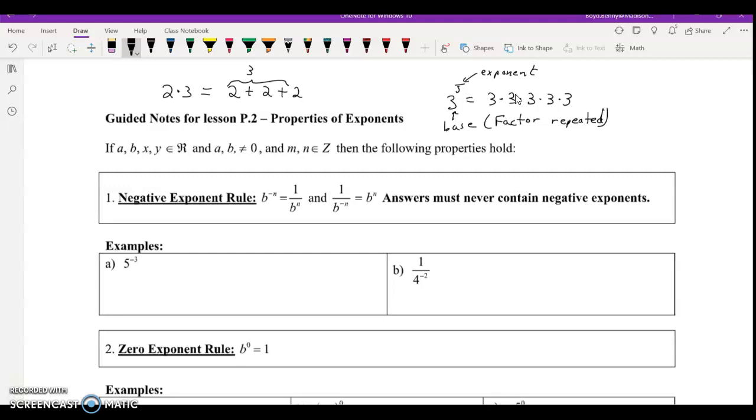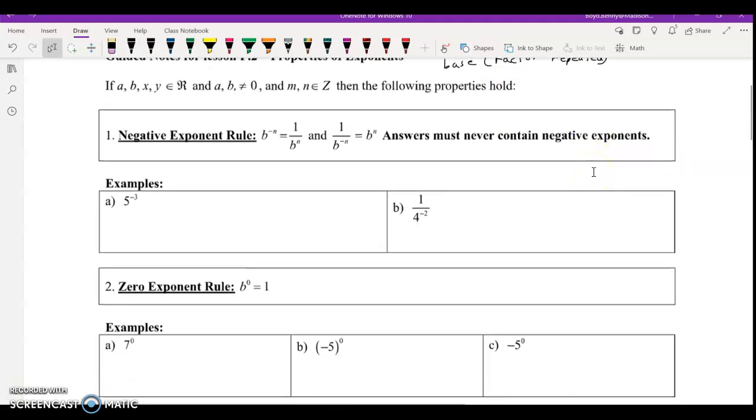Now on the left-hand side, this whole thing is what we call exponential notation or exponent notation. This stuff on the right-hand side is what we call expanded notation or expanded form. So let's roll on down to our first example here in rule.